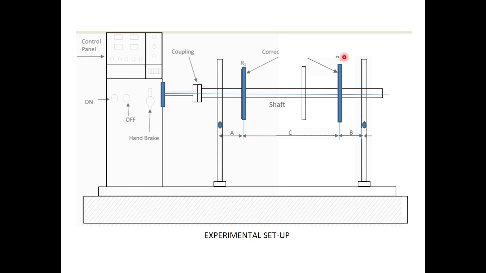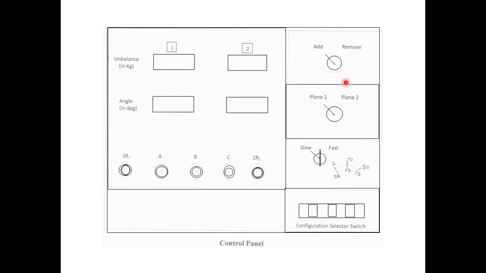Clear? Either it is add or remove. If you select remove, then you have to drill a hole. You are not going to select that. In some cases, it is not possible to add mass. Say for an impeller, you cannot add something, as it will affect the air flow or water flow.